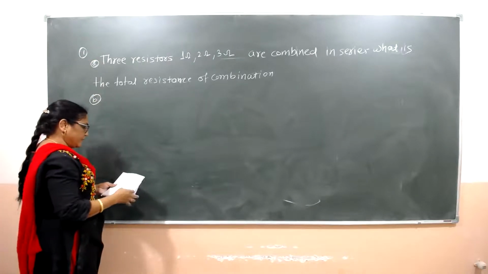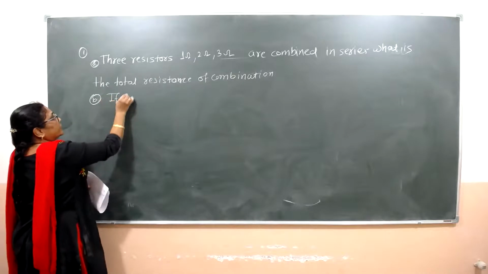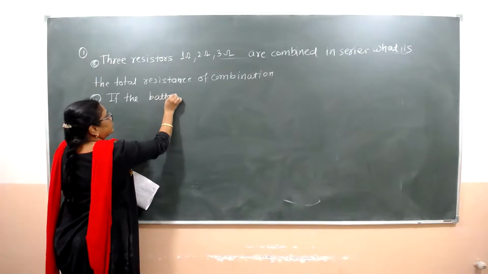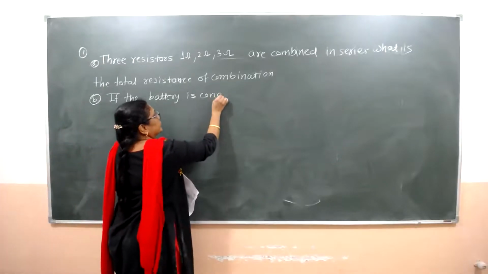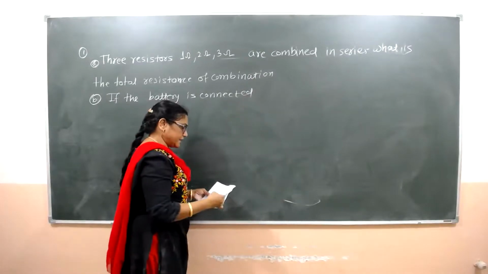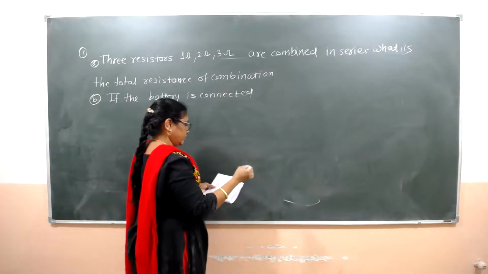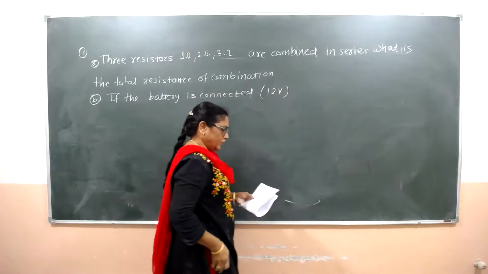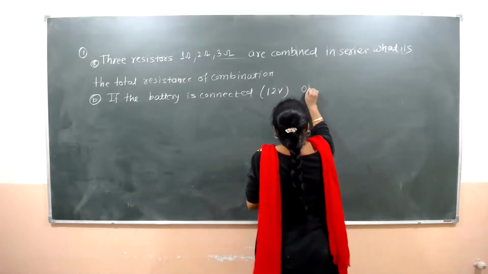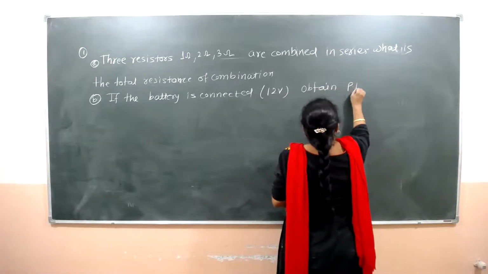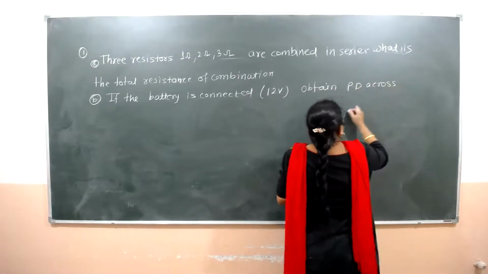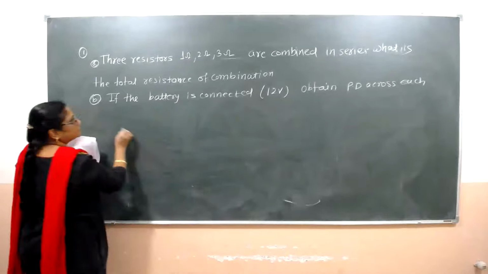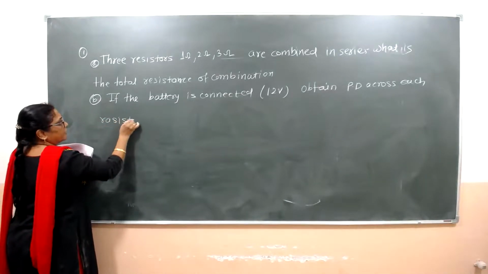The second sub-question is: if the battery is connected, that is 12 volt, obtain the potential difference across each resistor.